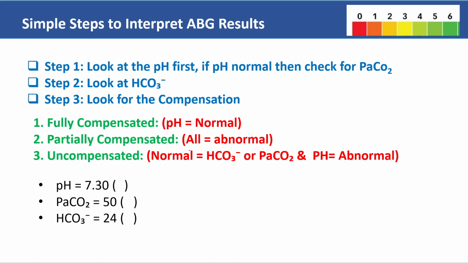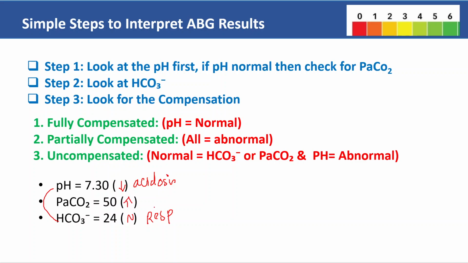So let me look at this one. The pH is going to be decreased. So I have to put acidosis because it is less than 7.35. Okay, and this is normal. I told you, when it's normal, we have to consider it not opposite, right? We have to consider it as respiratory. Okay, and PaCO2 is increased.